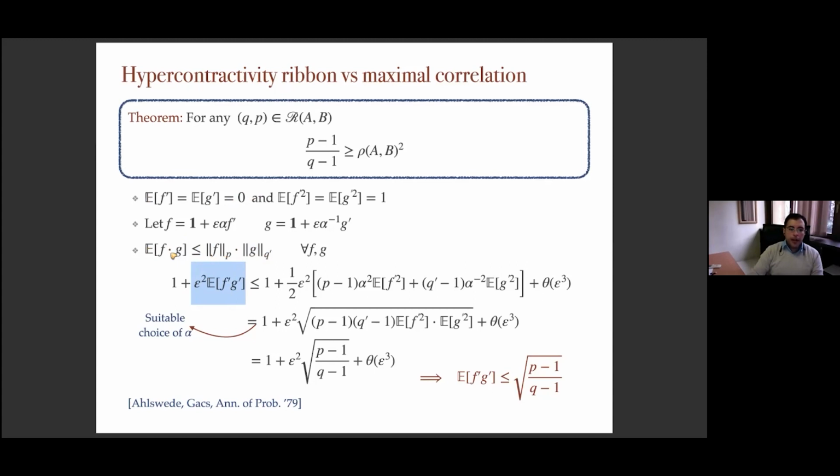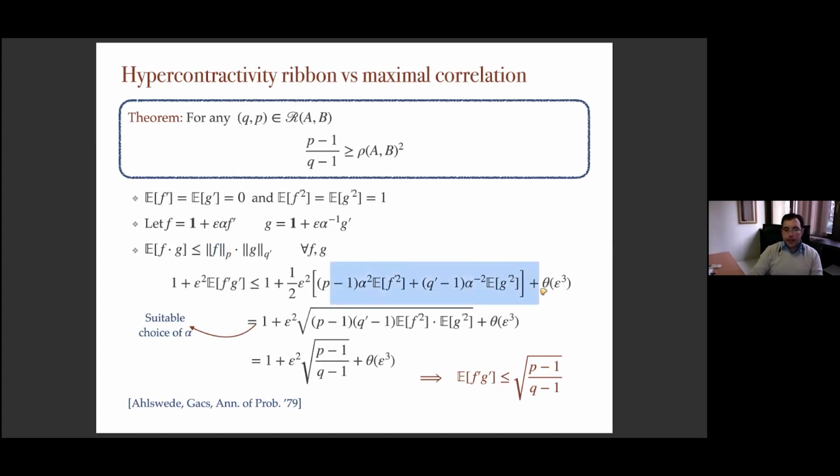For this side, it's easy. It comes from the expectation of alpha f prime times alpha inverse g prime, which is the expectation of f prime g prime. And you can do some calculations. I mean, you should compute the second derivative of this norm function as a function of epsilon.